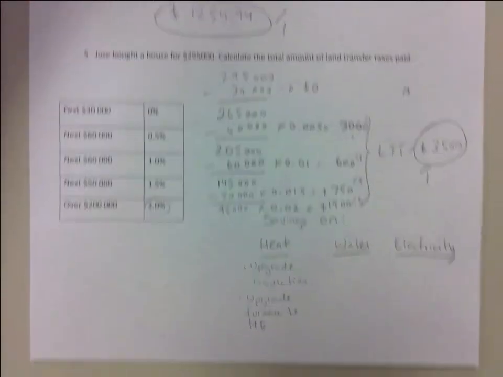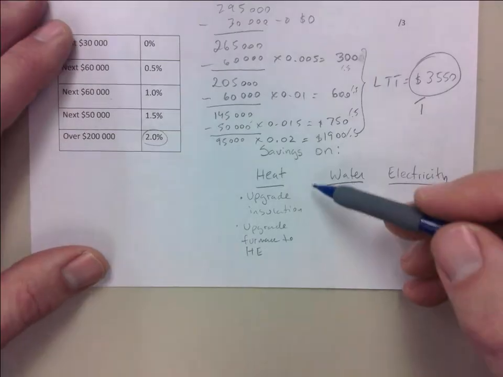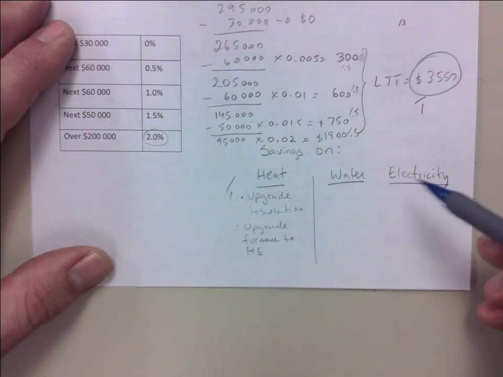You can talk about upgrading your windows to high efficiency or Energy Star approved. You can talk about using space heaters instead of heating up the entire home. You can talk about installing a thermostat, like a smart thermostat or a programmable thermostat. All of that counts. So that gets you 1 mark for that.